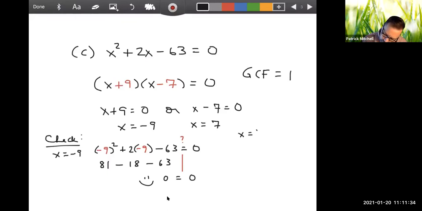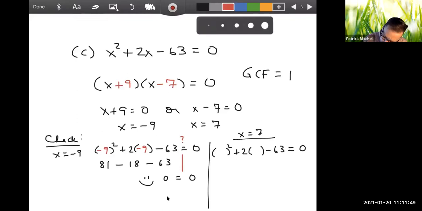Squeeze it in over here. Put a little line there. So blank squared plus 2 blank minus 63 equals 0. I want to know, does that work out when I put a 7 in the blank?